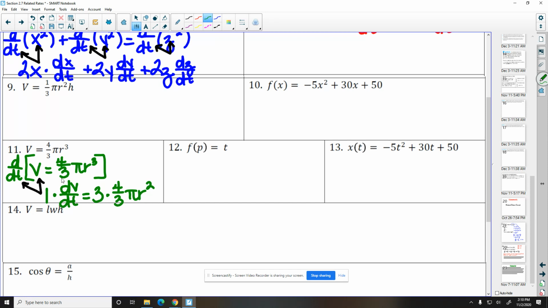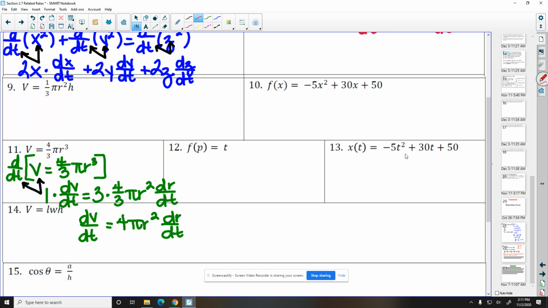But then because my variable does not match my command, I do need to still have dr/dt. One thing you could do is multiply 3 and 4/3 to simplify. So that would just give me 4 pi r squared dr/dt.